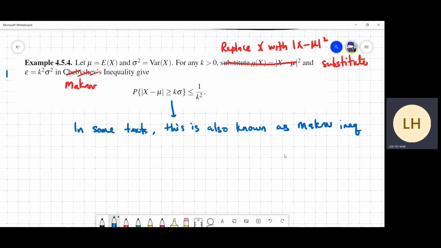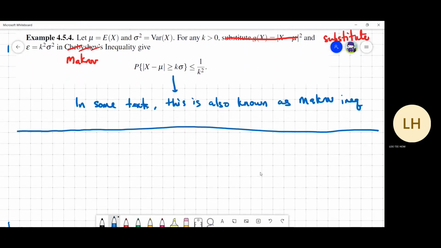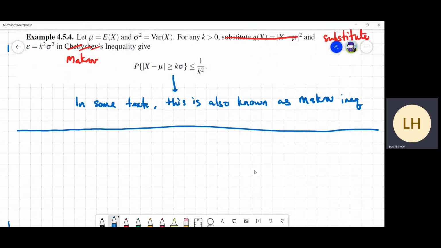Okay, let's look at the solutions for this example. Before that, I think it is a little bit confusing to replace x with x minus mu. So maybe we can just rewrite the Markov inequality using another symbol, y instead of x. So I think that will be much better.